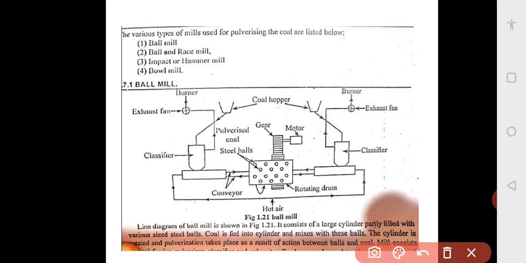Feeders supply the coal to the classifier, and then it is passed over to the pulverizer with the help of a screw conveyor. A mixture of tempering air and hot air from the air preheater is introduced in the pulverizer as shown in the figure. These streams of air pick up the pulverized coal and pass through the classifier. The oversized particles are thrown out of the air stream in the classifier, and the fine material is passed to the burner through the exhaust fan.